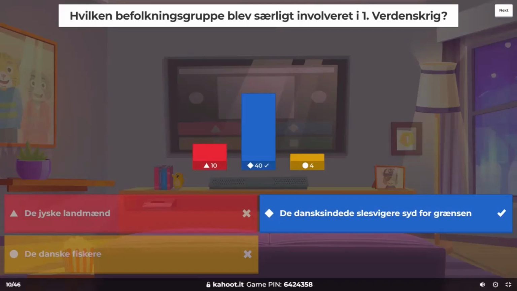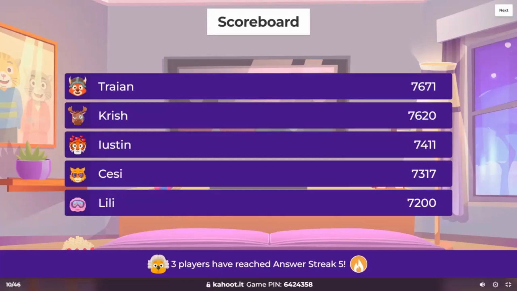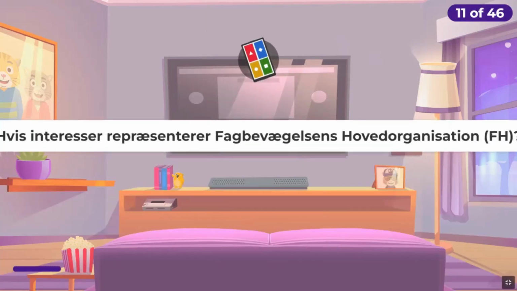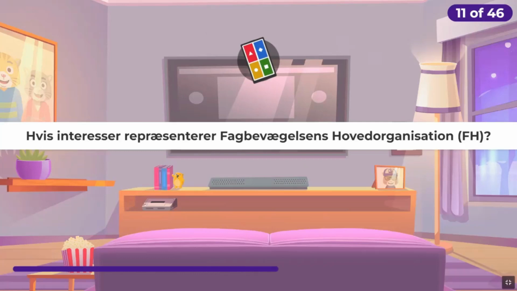It will show up on your profile. And this is the reason why I say keep using the same name so that you can track your progress. Moving on to the next one. Okay, static top 5. Static top 5. 3 players reached an answer streak of 5. We're moving on. We have 36 questions to go. Everyone should know this.